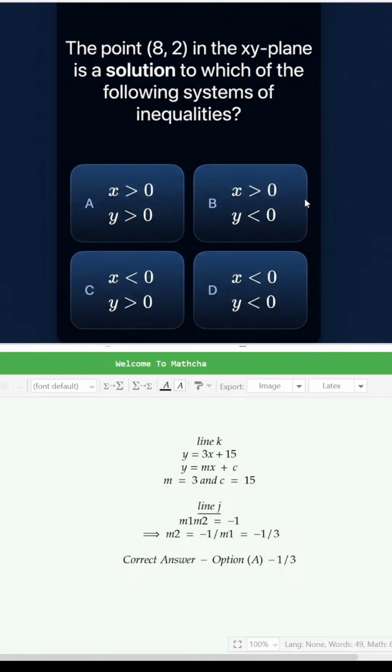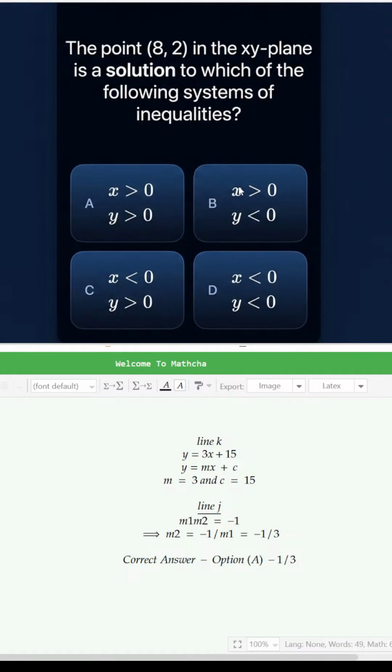So we know that point 8 comma 2 is a point in the first quadrant because here x is greater than 0 and y is also greater than 0. By looking at these options, we can see that the first one is for the first quadrant, that is x is greater than 0, y is greater than 0.